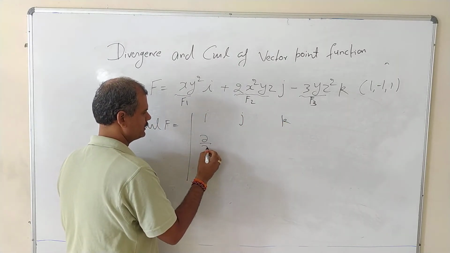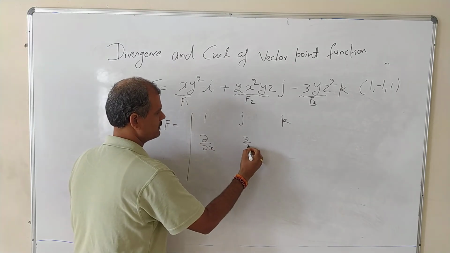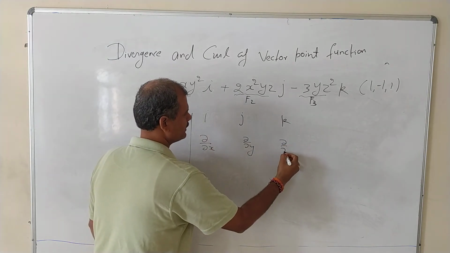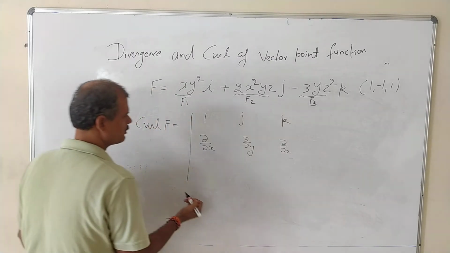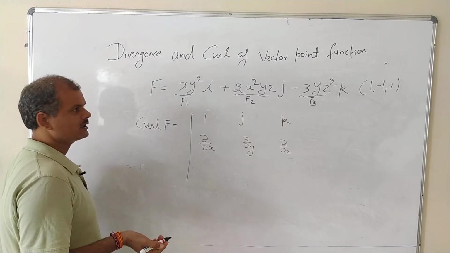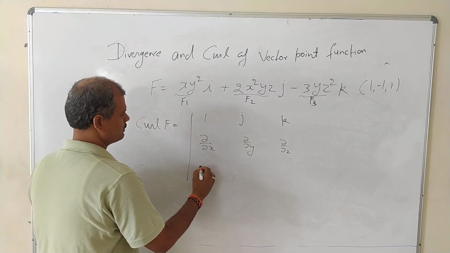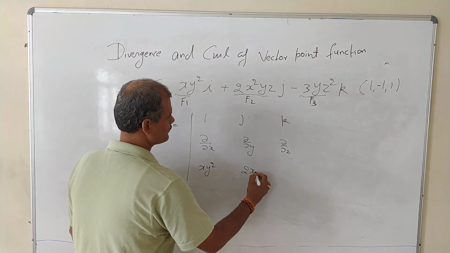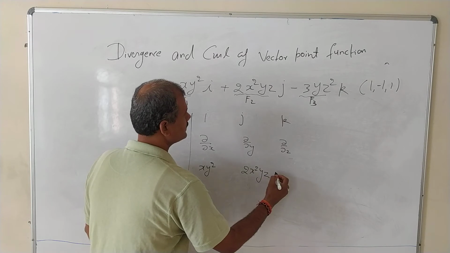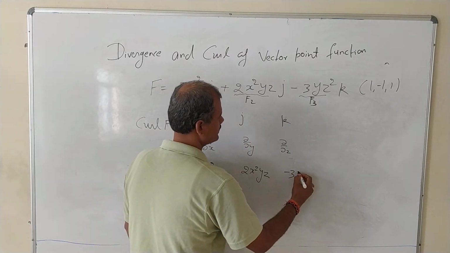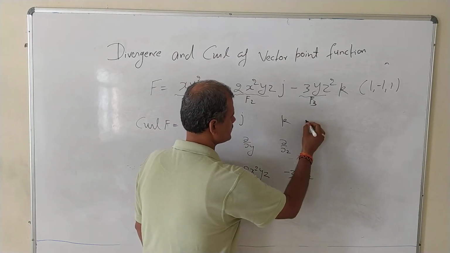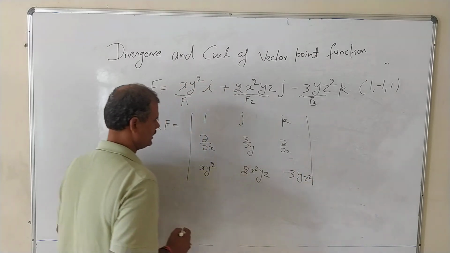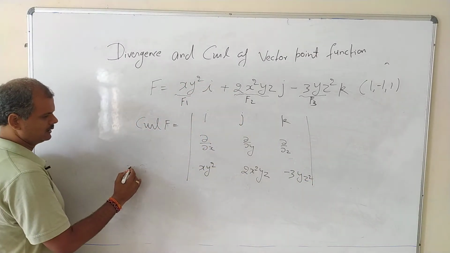Second row will be ∂/∂x, ∂/∂y and ∂/∂z, and third row will be the vector F components. So that will be xy², 2x²yz and -3yz². Fine. Okay, so let us open that.